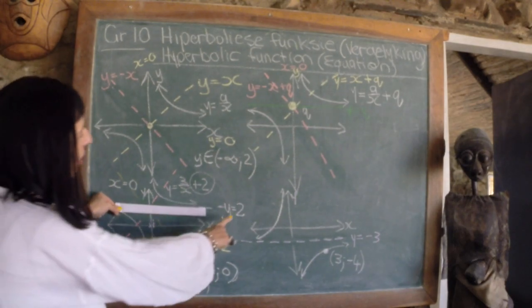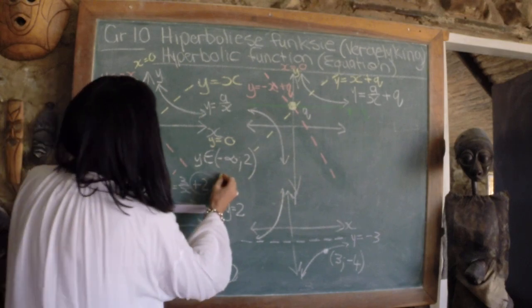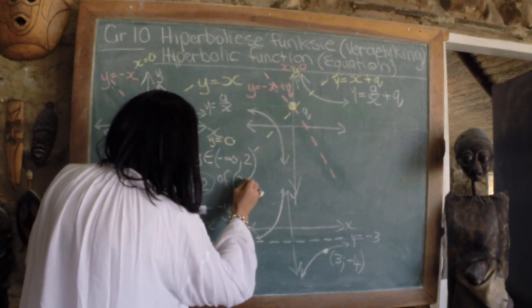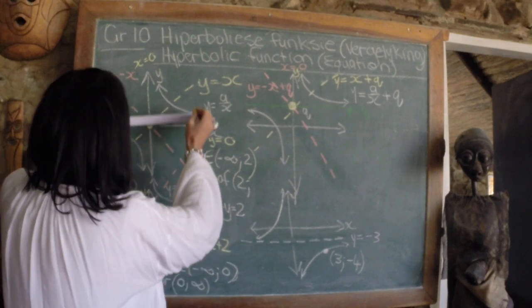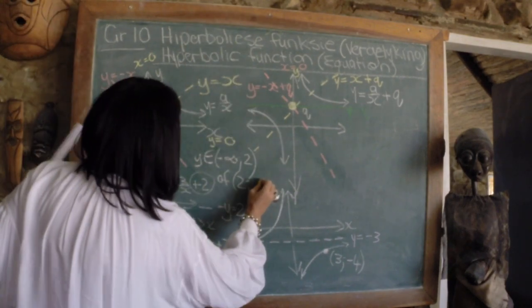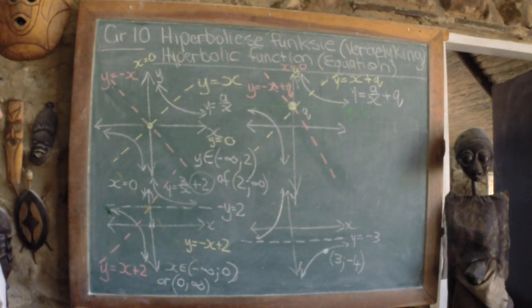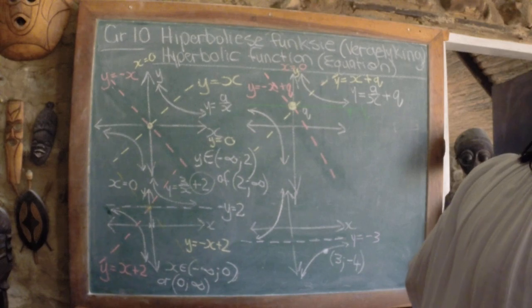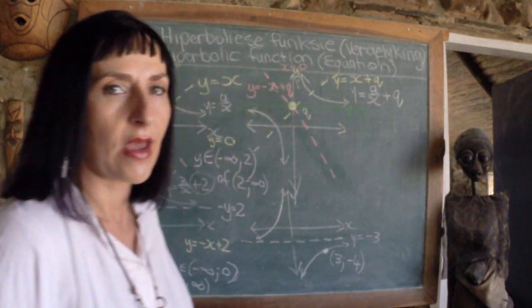En dan net na 2 begin my prentjie weer, so ek gaan sê of round brackets, and then the picture is then again drawn up to infinity. So this is my y-waardes, or that's my range. So this is very, very, very important, and you all must be able to do that.